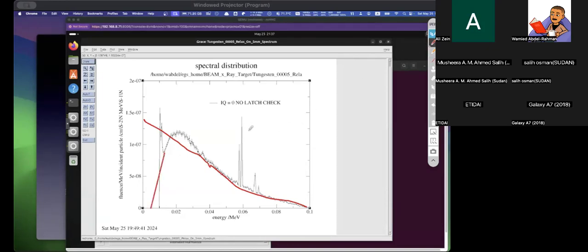What's interesting, this is tungsten. These are the K alpha lines, and these are K beta lines. These are lines produced by transitions of electrons from the M or N shell to the vacancies in the K shell.